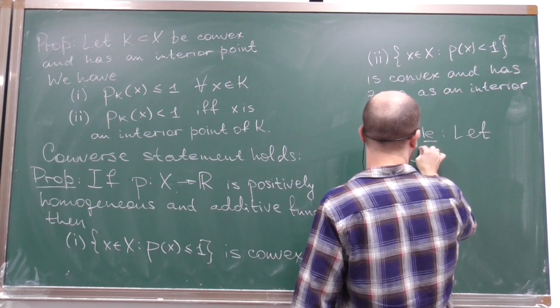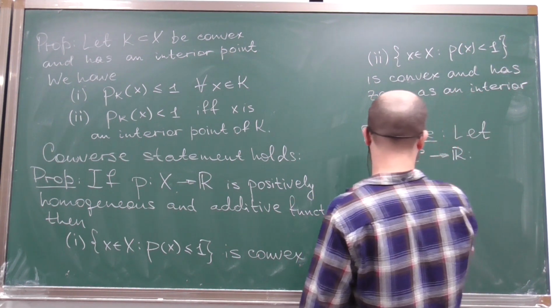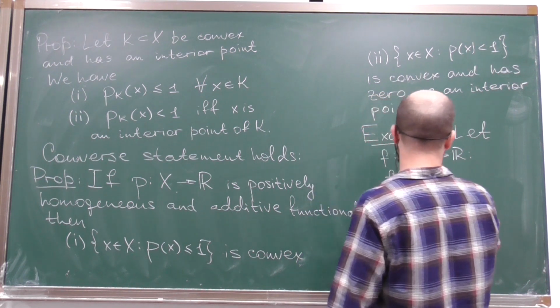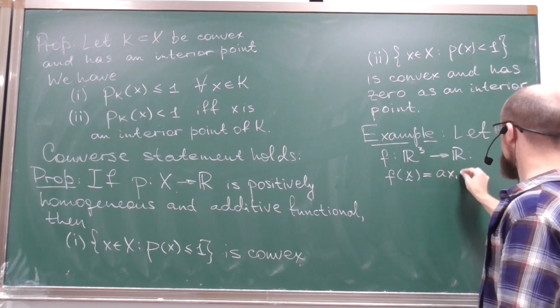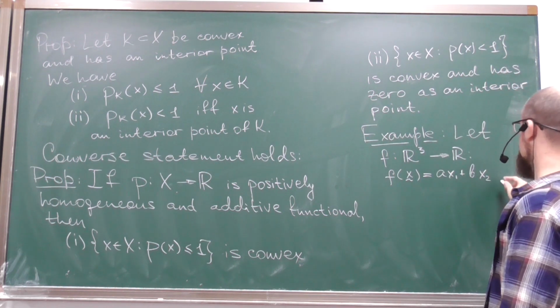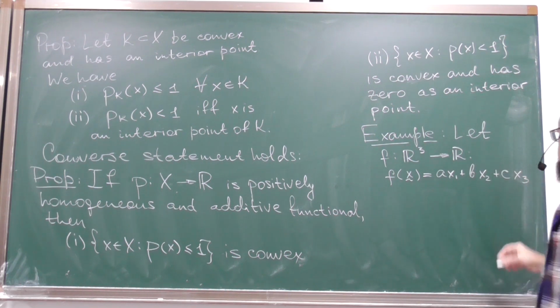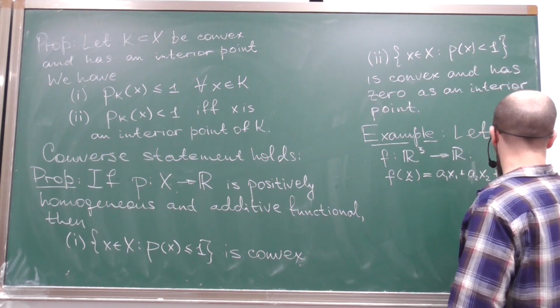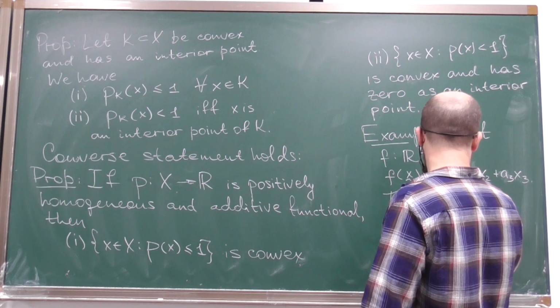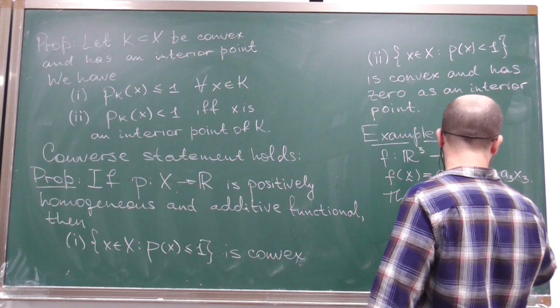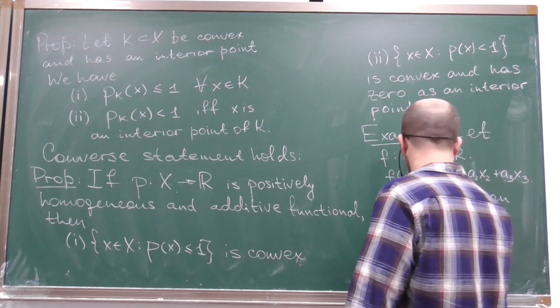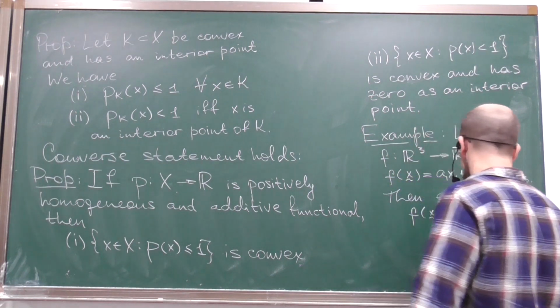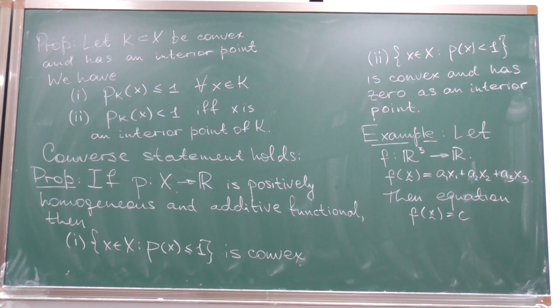Let f be a linear functional on R3 such that f of x, well, x is a vector, equals a1x1 plus a2x2 plus a3x3. Then the equation f of x equals c geometrically describes a plane in R3.